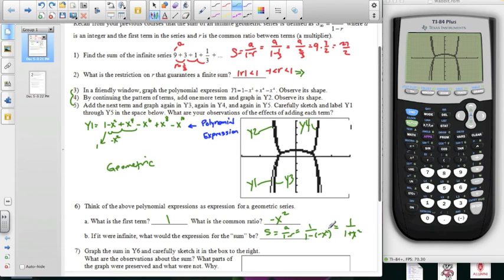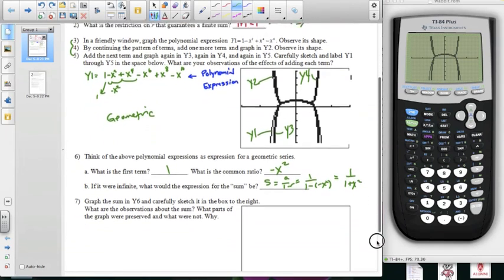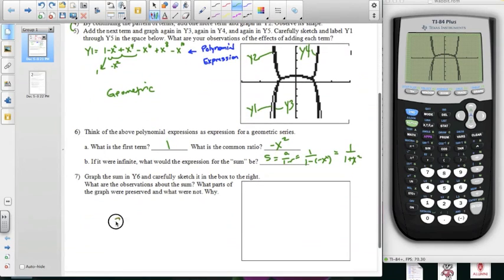And if we take a look at this sum here as a function, so that expression for the sum, 1 over 1 plus x squared as a function, we'll call it g of x here, and we'll graph it in y5. Actually, I'm going to graph it in y6 because y5 was up here in the instructions.